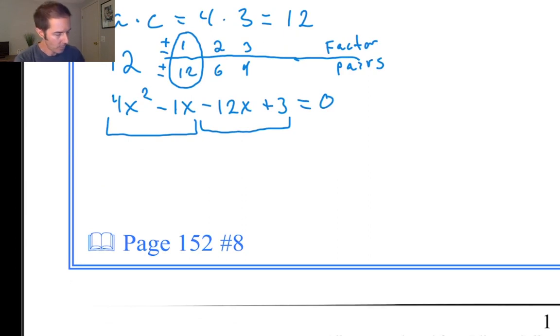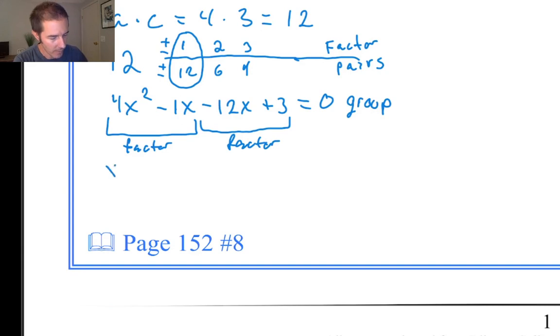Okay, so we did some grouping there. Now we're going to factor inside of each of those two groups. So we could put factor and factor. In the first group, we're going to take out the greatest common factor, which in this case is just x.